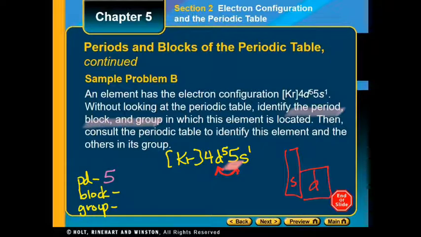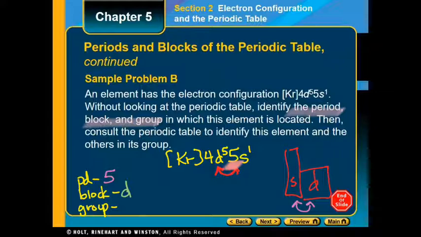The block is the next thing I would look at because, again, you have to recognize d and s are flipped around to get the lower energy level number 4 first, then the higher energy level 5 afterwards. So this is the d block. And now you're looking at group.